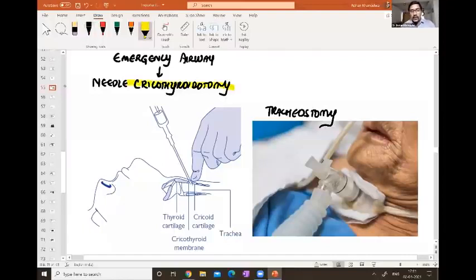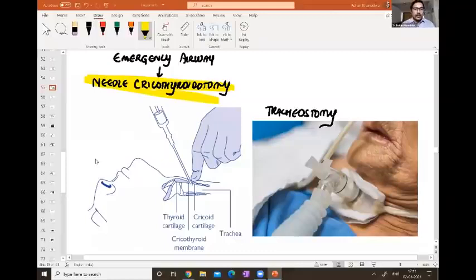This is how we will get an emergency airway if you cannot put in an endotracheal tube. The definitive management, if you cannot put in a tube, is to make a tracheostomy. First, we do a needle cricothyroidotomy, then tracheostomy is the definitive management if a tube cannot be inserted.